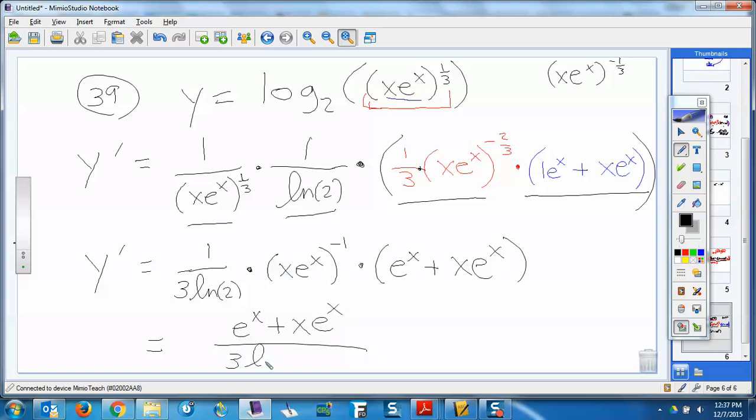So I've got the 3, the ln2, and x e to the x to the first down there. Do you see why factoring out an e to the x would be good? On top, if I take out an e to the x and have 1 plus x, and here I have 3 ln2 x e to the x, now that e to the x and that e to the x can cancel.